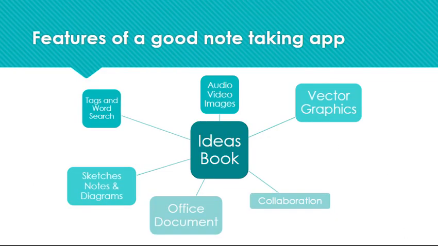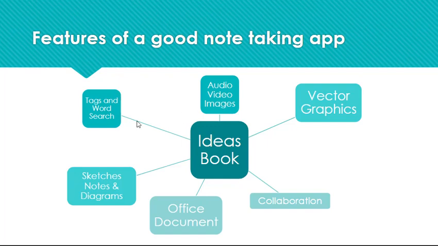So the idea is to have a digital notebook or a book where you can capture your ideas. These are some of the best features of an ideas book. The ability to have vector graphics. This is great because you can export it to your AutoCAD and your vector work afterwards and so forth.